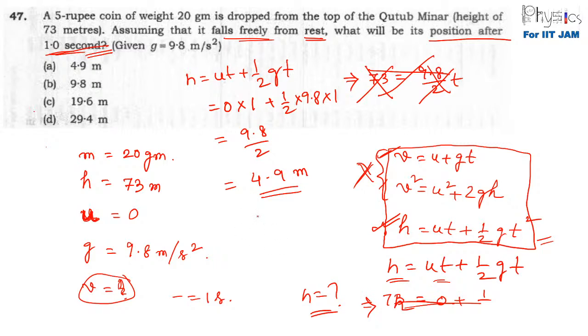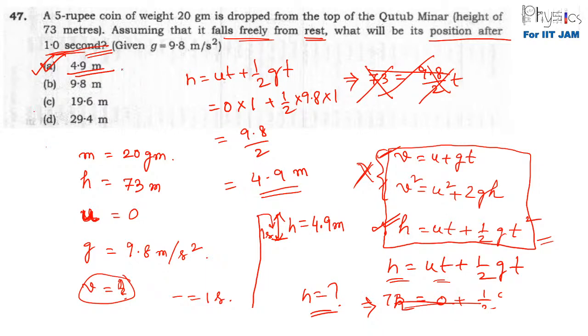If it is the Qutub Minar and a coin is dropped from here, it covers this distance, then this is h equal 4.9 meters after 1 second. So the answer is option A, 4.9 meters.